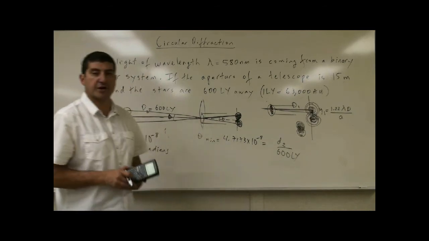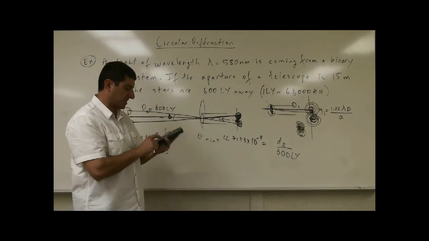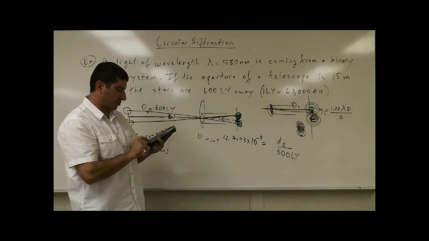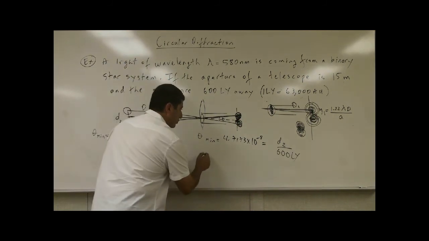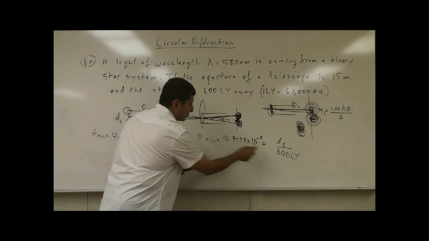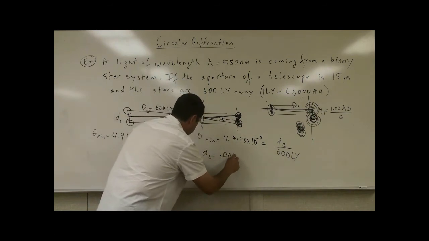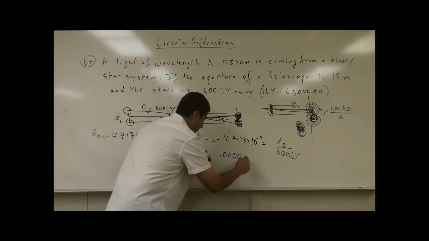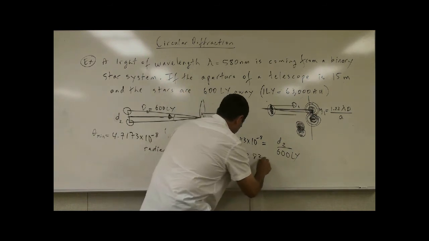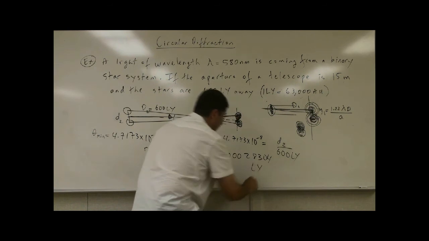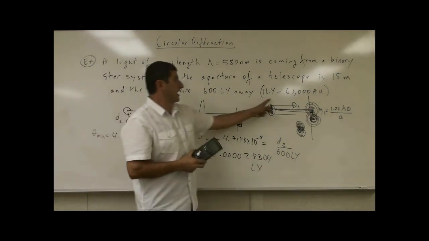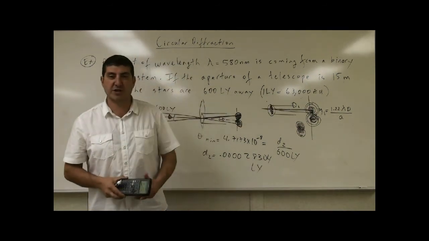So how far apart should they be? We multiply this number by 600. So what is that equal to? Since this one was equal to that, D2 came out to be 0.000028304 light years. But each light year is 63,000 AU. What's an AU?